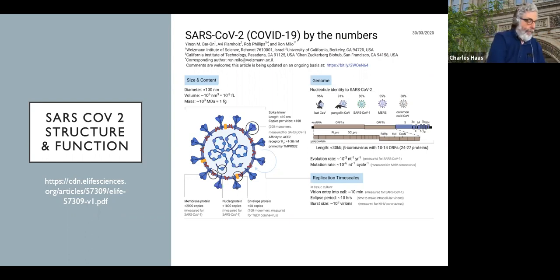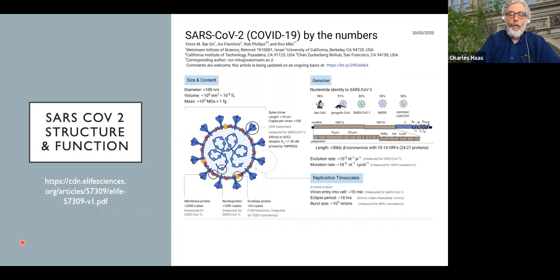SARS-CoV-2, and this is a good reference for data, has a diameter of about 100 nanometers and a mass of about 1 femtogram.